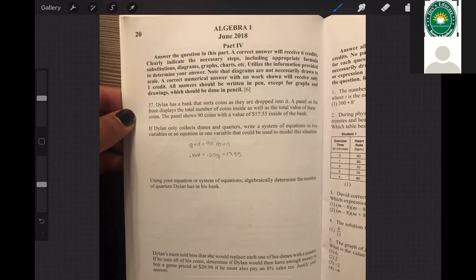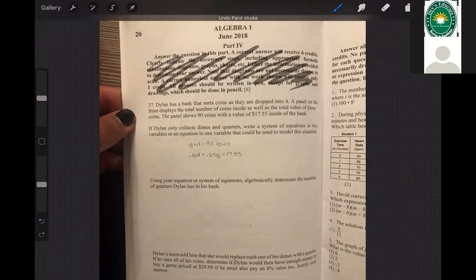So this you don't have to read. Coins and targets. Write a system of equations with two variables that could be used to model this situation.